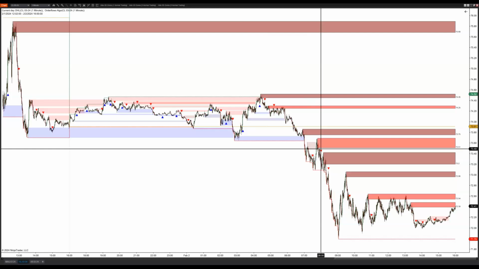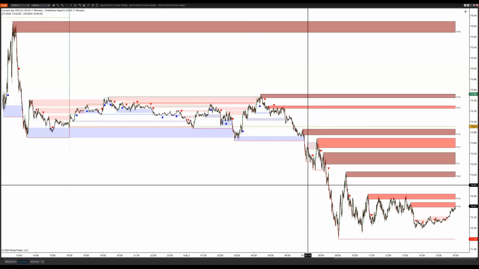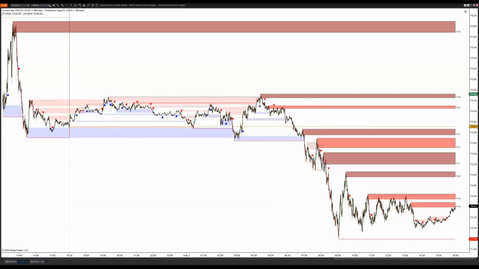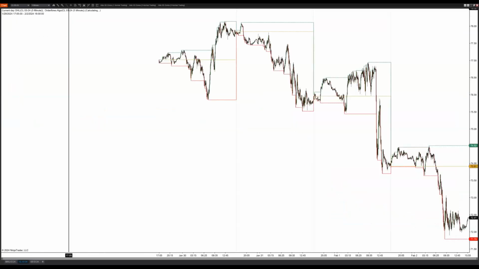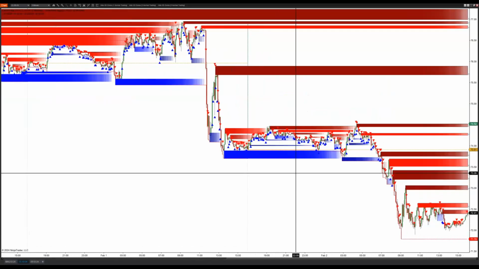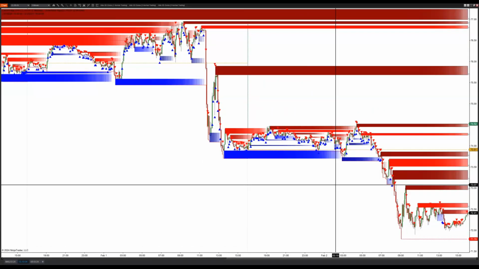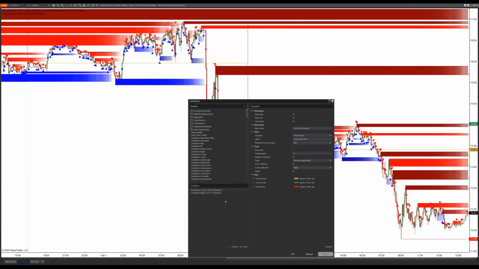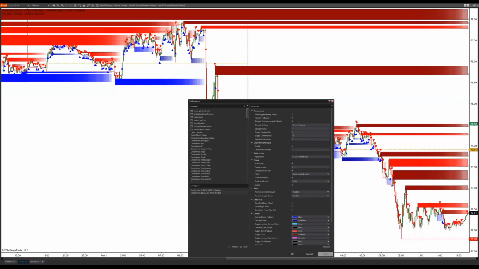And again, this is crude, this is a 1 minute chart. Depending on how you're trading, whether you're a scalper or a bit of a longer term trader, it's going to depend on how you approach the market and your risk management. So again, this is a 5 minute chart. And if you're on a 5 minute chart, this looks messy. What the fuck, Mike? Well, it's because you have the algo set kind of low.